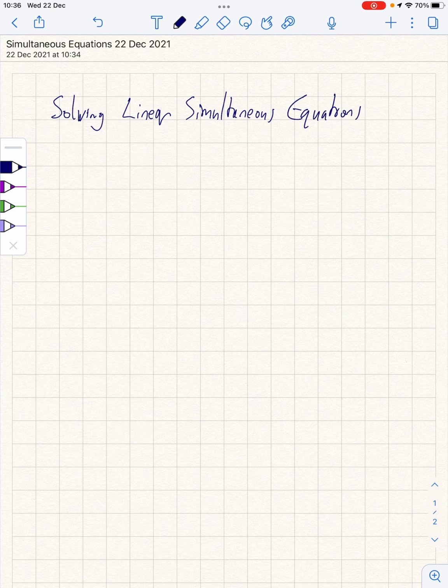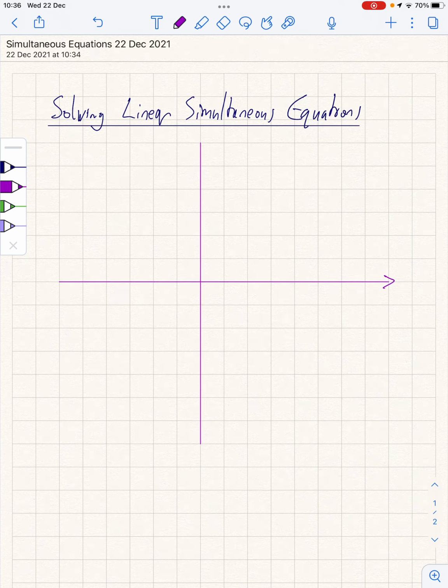There are different types of simultaneous equations, and they'll be looking at different points. At its simplest form, if you imagine we have an axis system, so we have a y and an x, and we have two linear functions. Let's call this one f, and call this one g.